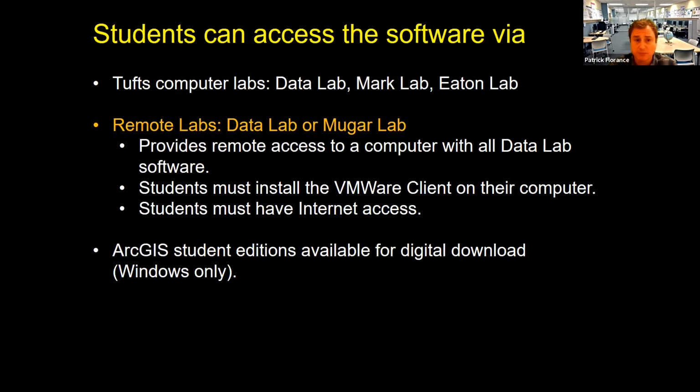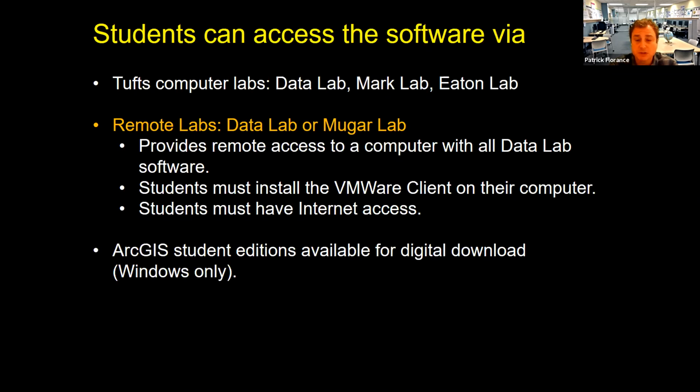Students can access the software in a couple different ways. One is they can go into a computer lab, the data lab or Mark Lab or Mooger or wherever, and use it if they want to. Or Tufts has set up a very robust remote lab infrastructure, so students can use the software remotely from their home computer or laptop. This provides remote access to all software in the data labs.